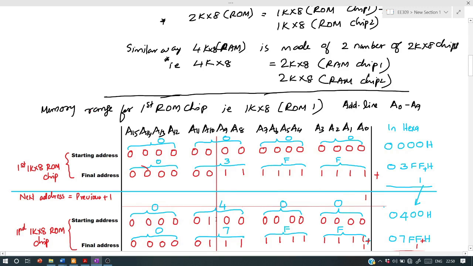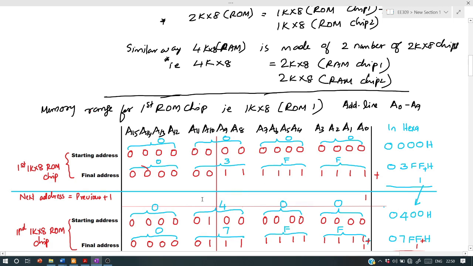After adding 1 to the last address of ROM 1, we obtain this result. That is, A10 becomes 1, and the remaining, A0 to A9, become 0. So that is the starting address of the second 1K into 8 ROM chip. When we convert that into hexa, this nibble becomes 0, this becomes 4, this becomes 0, 0.